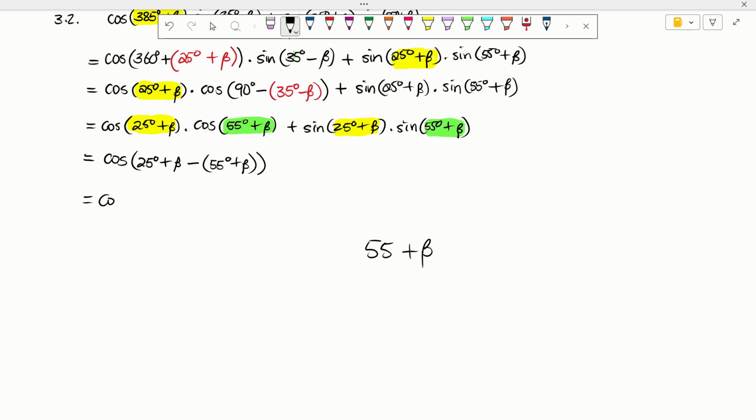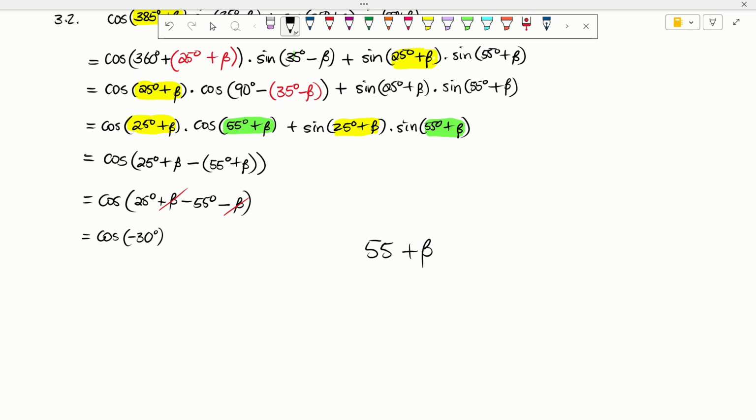Then I can continue and say, cos of 25 degrees plus beta minus 55 degrees minus beta. Therefore, the betas are going to cancel out and we are left with 25 minus 55. 25 minus 55 is negative 30 degrees.